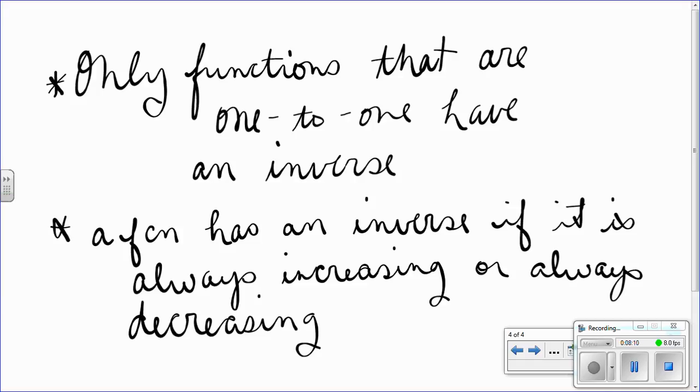Always increasing or always decreasing doesn't mean that it's necessarily a straight line, okay? That's always increasing. That is not always increasing. But if it's always increasing or always decreasing, if it's not going back and forth, then it's going to pass that horizontal line test.